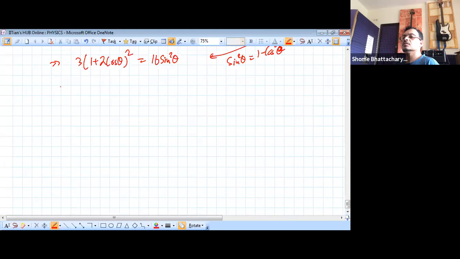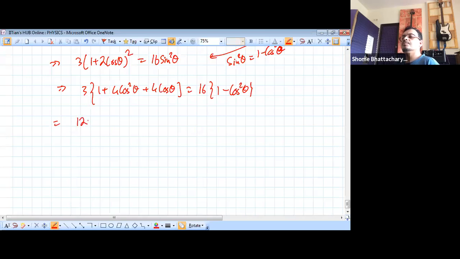So next, 3 times 1 plus 4 cos square theta plus 4 cos theta is equal to 16 into 1 minus cos square theta.